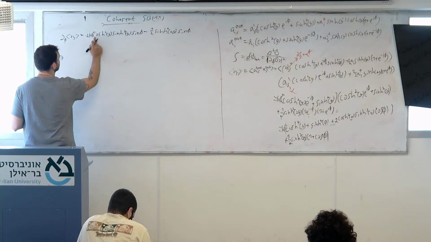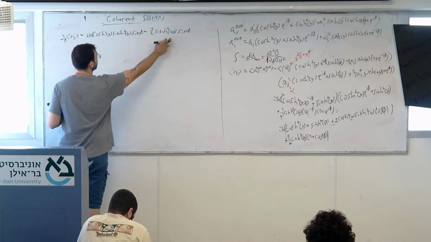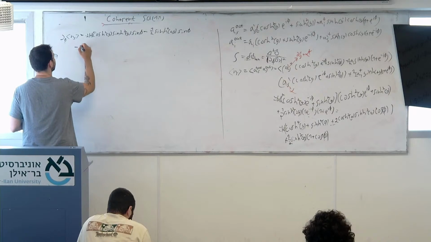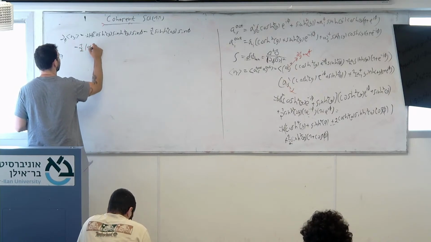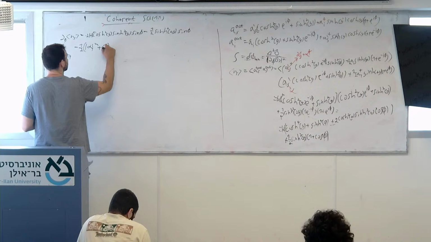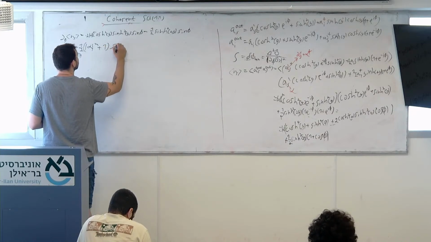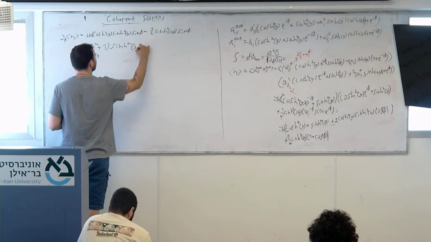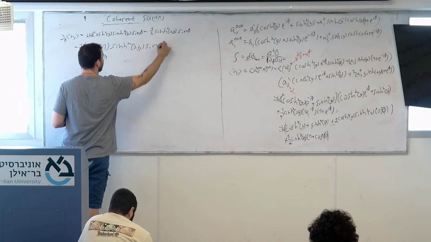Now cosh squared G sinh squared G will just bring us the same term, so it's minus 1/2 times the absolute value of alpha squared plus 1 times sinh squared 2G sin phi.